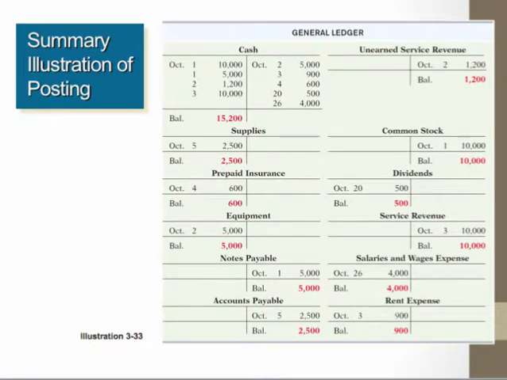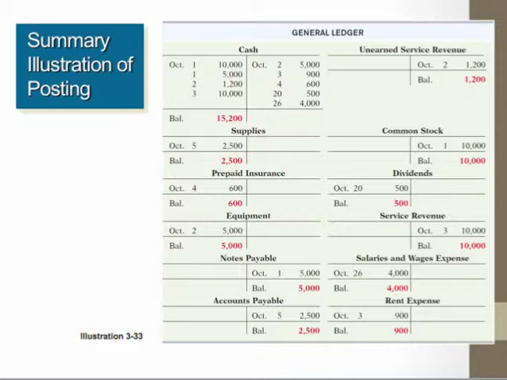Then we've taken the transactions from the journal and posted them into each of the ledger accounts that are illustrated by using T accounts on this screen. Notice that at the end of the period, we take all the debit entries and credit entries and determine what the ending balance is for each one of the accounts.